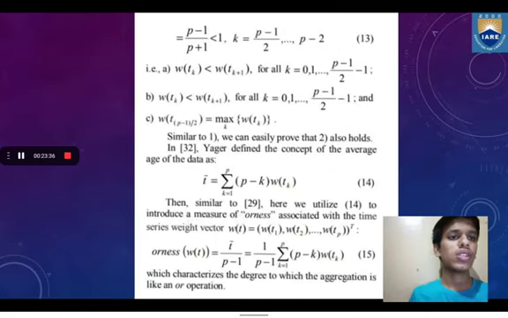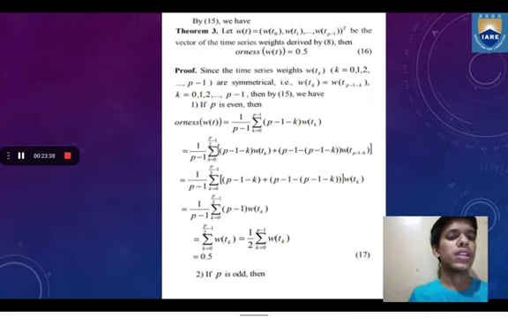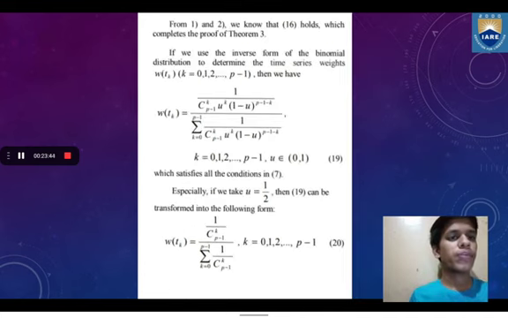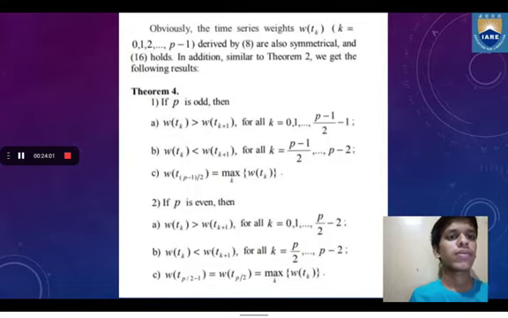If p is odd, using these conditions we can prove that the orness of W(t) is equal to 0.5. So this is the proof. We have also taken the special condition u equal to 1/2, that is, the probability of success is equal to 0.5, and we have transformed the equation to get the desirable output.